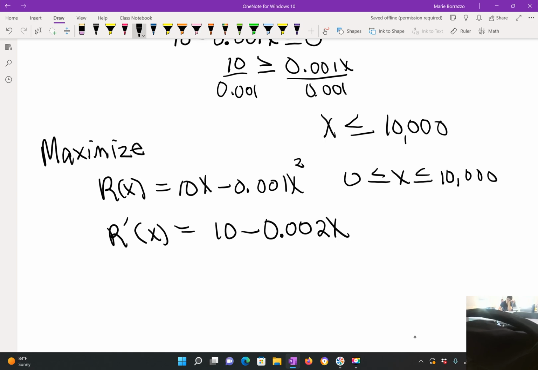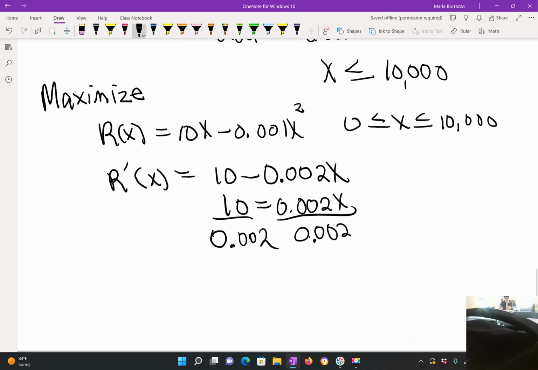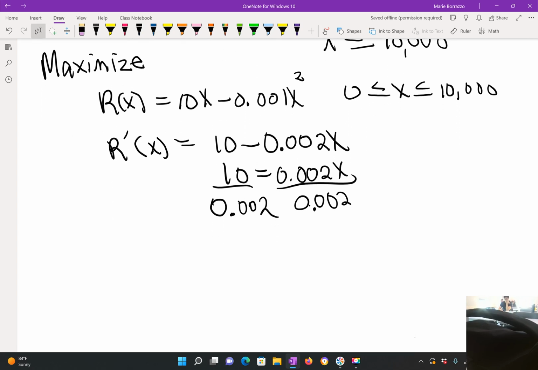If I set this to 0, I'm going to get 10 is equal to 0.002x, and I'm going to divide by 0.002 on both sides. All right, and when you do that, you end up with 5,000. So in this case, X is equal to 10 over 0.002, which gives you 5,000. Okay, now what do you think you're going to do?